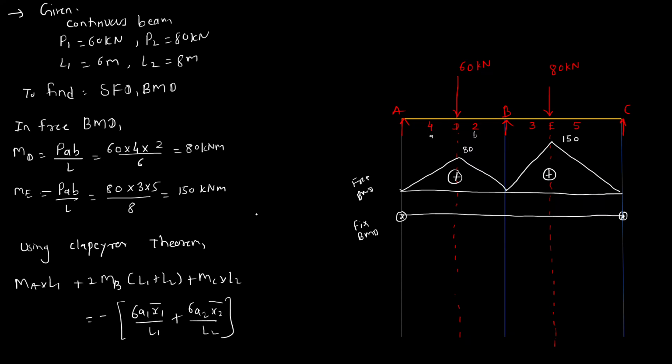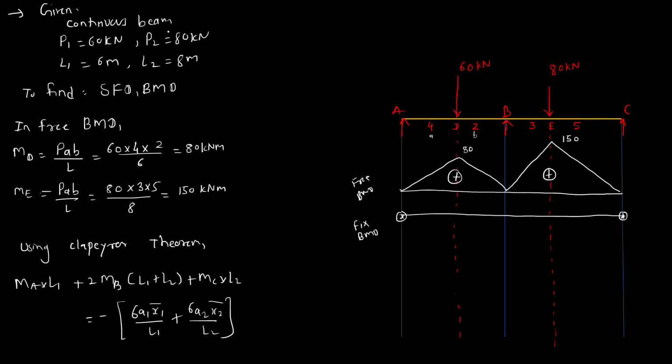Now one by one we'll write each and everything. MA value is 0, L1 is 6, MB value we have to find out, L2 is 8 and MC is 0.